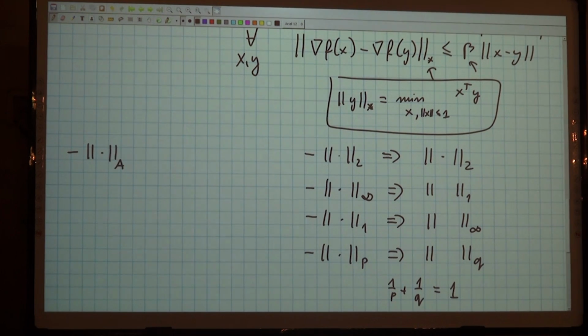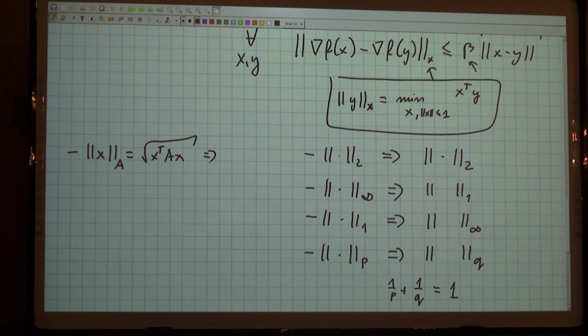So imagine I have an A norm. Remember last time we talked about the A norm, which was defined as the square root of x transpose A x. This is the norm given by taking some PSD matrix A and rescaling the norm by it. The dual norm is actually very nice.